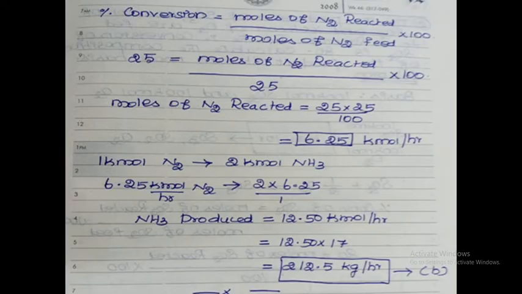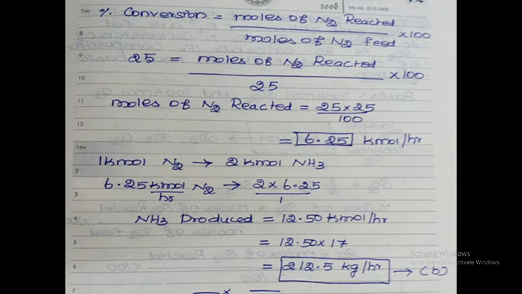Second question: kg per hour of ammonia produced when percentage conversion is equal to 25 and nitrogen feed rate is 25 kilomole per hour. Okay. The percentage conversion formula: percentage conversion is equal to moles of nitrogen reacted divided by moles of nitrogen feed, into 100.